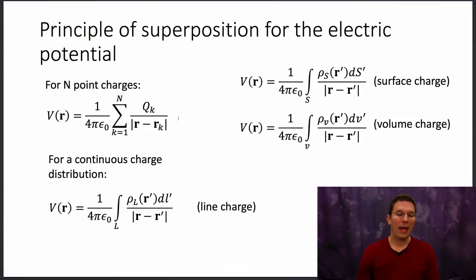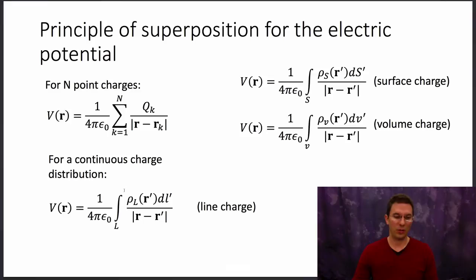We have very similar expressions for continuous charge distributions. Instead of point charges, if we have a continuous charge distribution, for instance a line charge density, a surface charge density, or a volume charge density, then we can find the voltage due to all of those charges using these integrals. They look very similar to the expression for the discrete case.